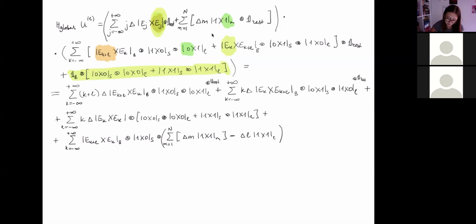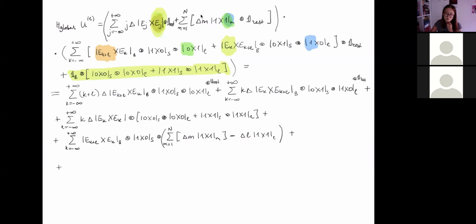Then what happens in the next term? The next term is us multiplying this 1m here with the corresponding 1 here.